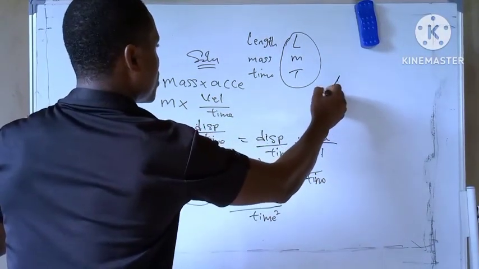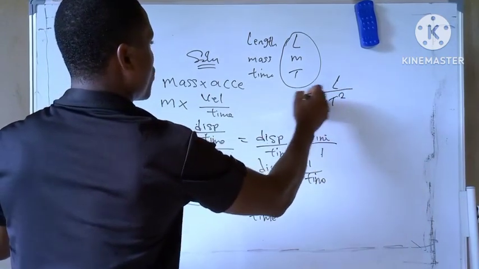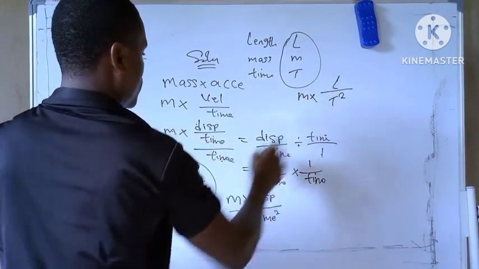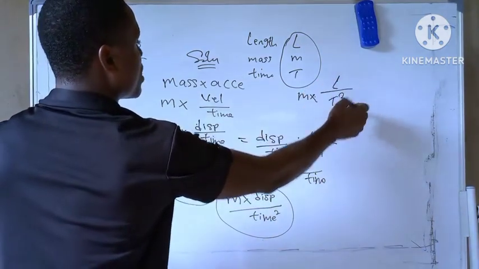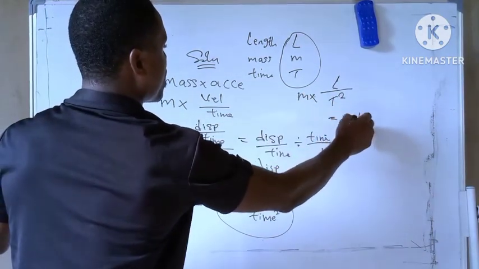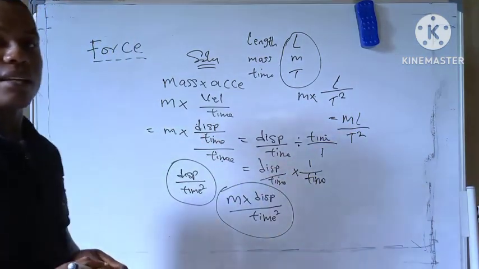So we have L all over the time, T square. So we have M. Don't be confused. So we have M times L all over T square, equal to ML all over T square. Are you getting it now?